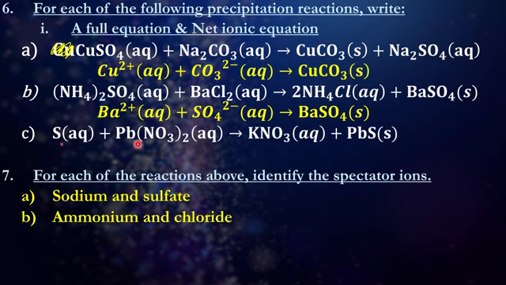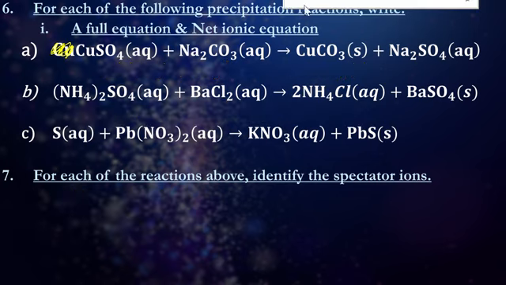In question 6C, I find that the precipitate that I create is lead sulfide. And so what I have here, let me actually just check. Looks like I made a little mistake here.